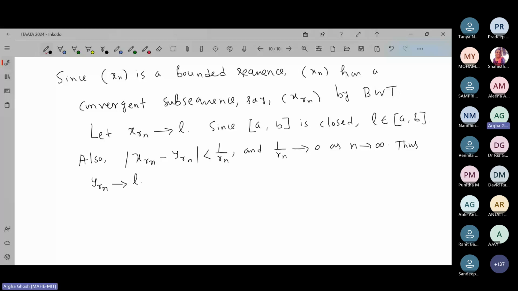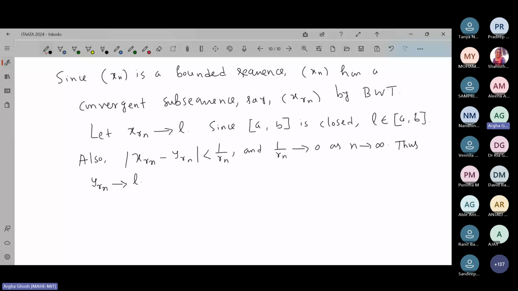I think I have to prove a theorem before this. Okay, up to this point, I have to use a theorem. I will prove the theorem after this.